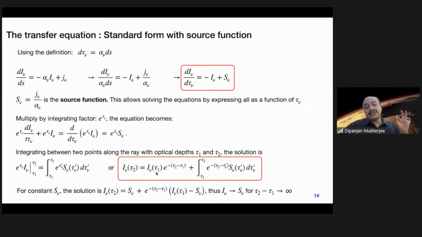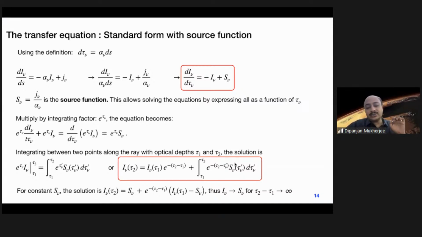If there is no emission, since the source function is J nu by alpha nu, you again recover the standard exponentially decaying solution. However, if you have an emission being added onto it, then you have to integrate over the source function by this added term here.